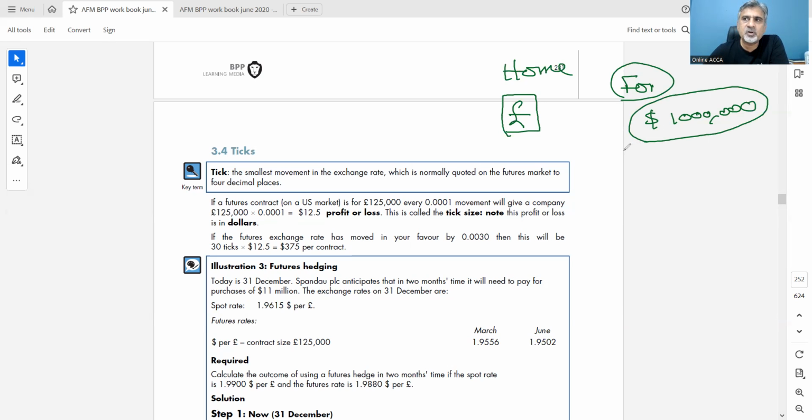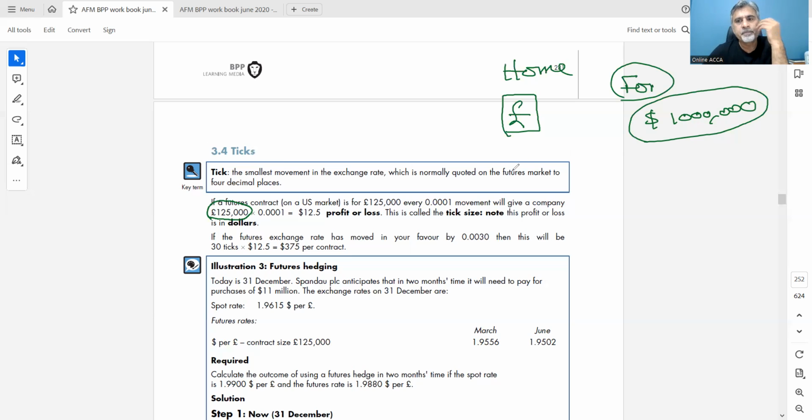These contracts are denominated in fixed amounts. So you will be offered contracts. For example, one contract is 125,000 sterling. Now, this is $1 million, so you divide it with the spot rate for today.